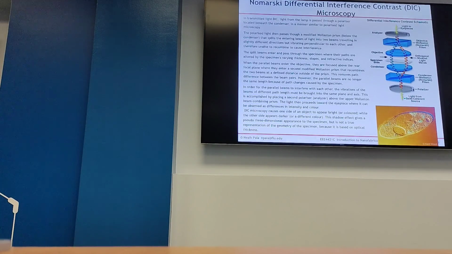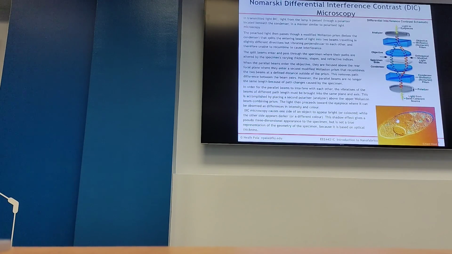Then they are combined again to form an image, and that allows you to see thickness or the optical path difference, which means kind of a depth sense. So that allows you to see your specimen in more of a 3D sense.